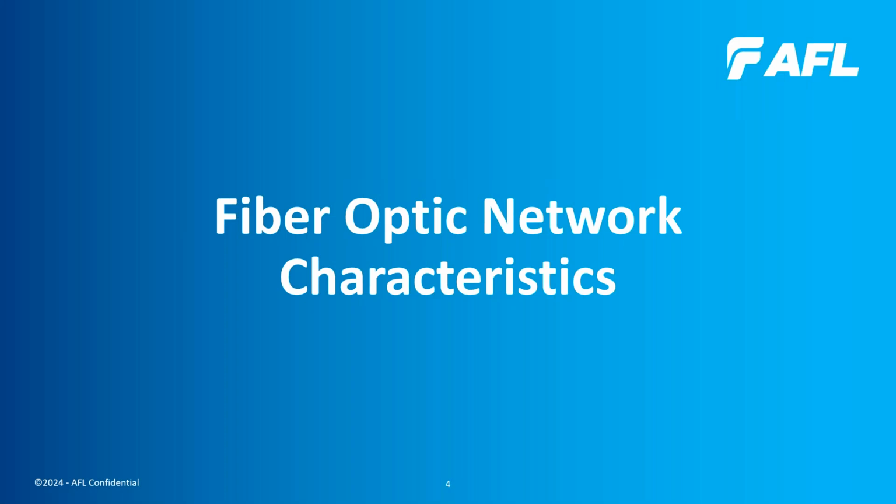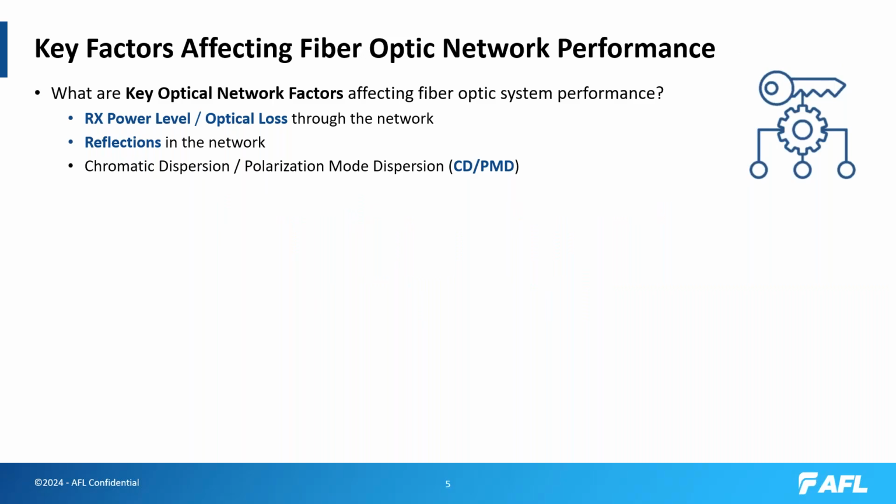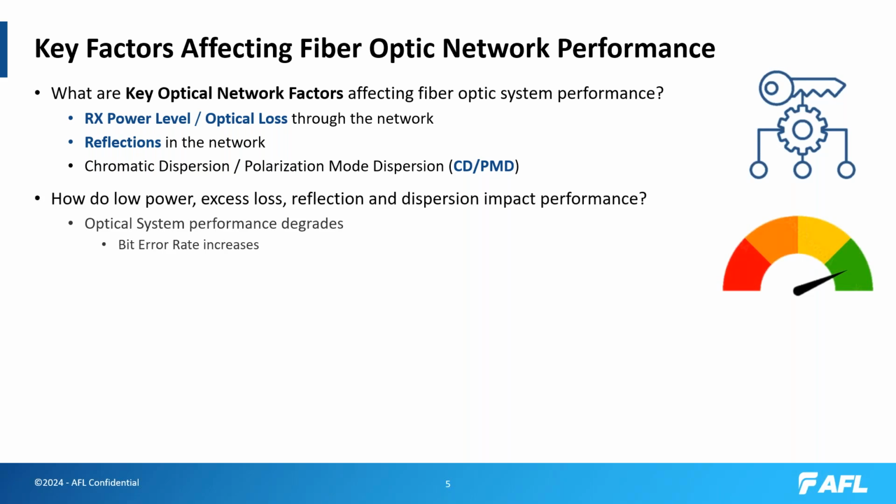So let's begin with fiber optic network characteristics. This is important because there are certain factors which really do affect fiber optic network performance. What are those? The key optical network factors are received power level and optical loss through the network, reflections in the network, and then chromatic dispersion and polarization mode dispersion, CD and PMD.